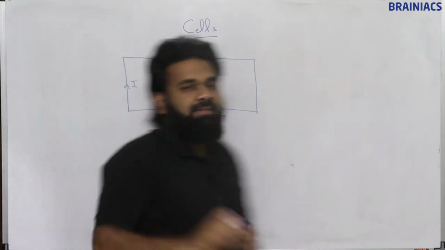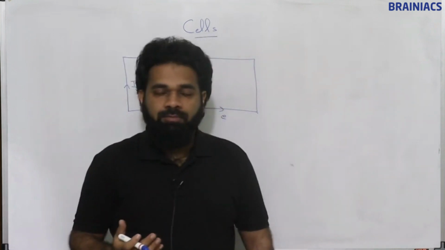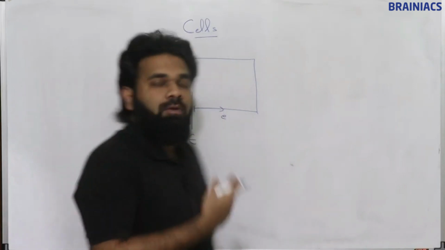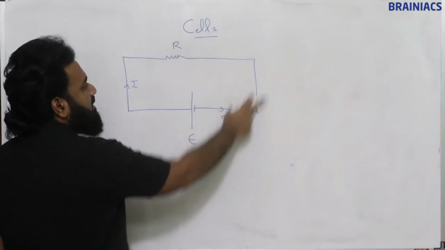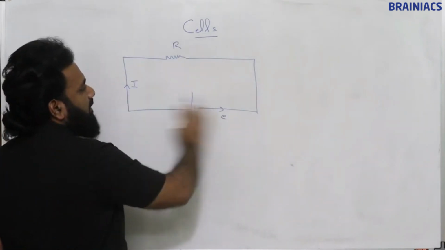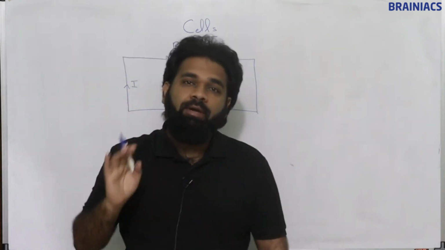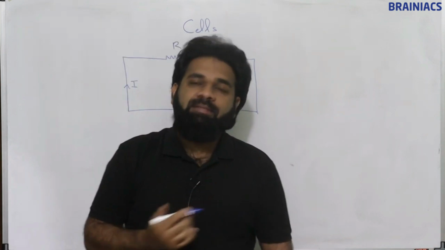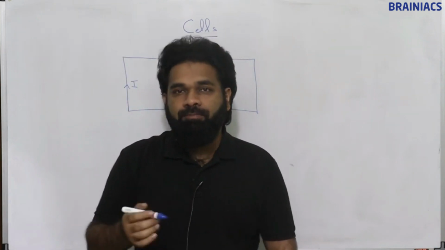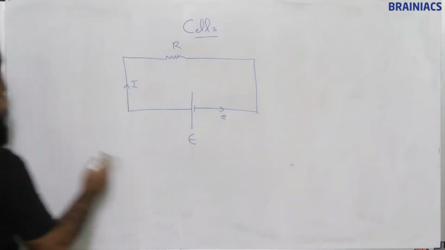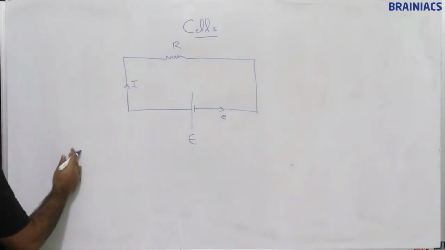So cells do not supply electrons. A cell is not a supplier of electrons. The electrons are already there in the resistors, even in the wires. Free electrons are already there. What this cell does is it gives energy to the electrons to move around the circuit.